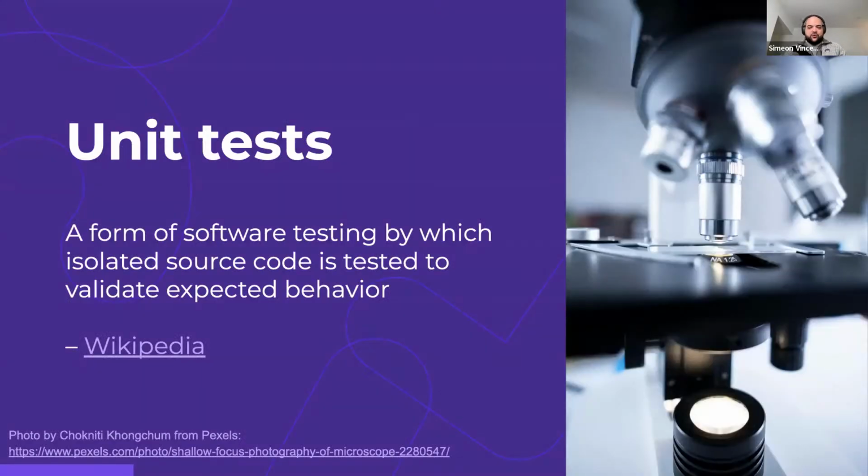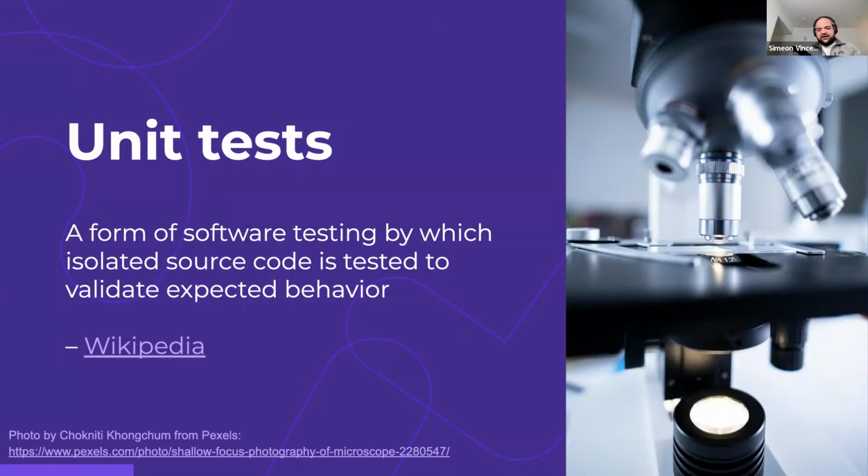Unit tests, according to Wikipedia, are a form of software testing by which isolated source code is tested to validate expected behavior, which is a fancy way of saying you look at the individual pieces, the specific components or functions or pieces of the application, and you validate that they are behaving as expected.